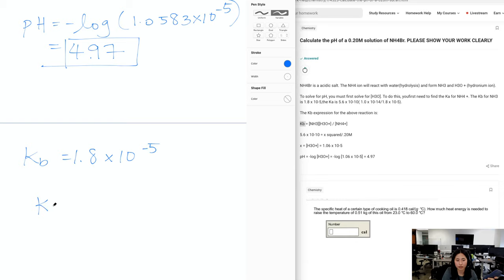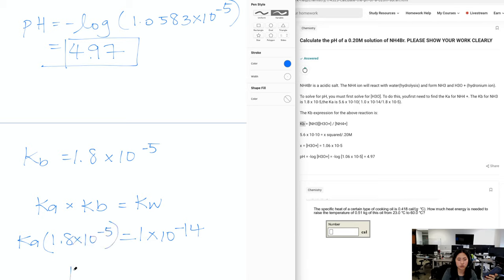So to get Ka, you would have to use this equation: Ka times Kb is equal to Kw, the equilibrium constant for water, which is 1 times 10 to the negative 14. We're solving for Ka in this case, and Kb is 1.8 times 10 to the negative 5.